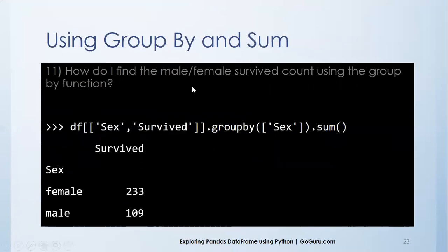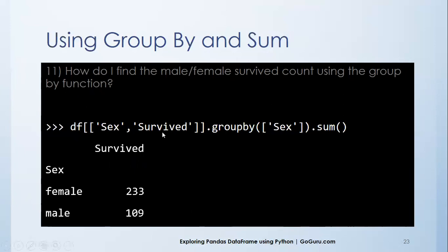Okay. 11. How do I find the male female survived count? Using the group by function. So there is a powerful function called group by. So you don't have to depend on value counts every time. The group by, just like your database group by, what it does is, here we are saying from the dataset, give me the sex and survived fields.